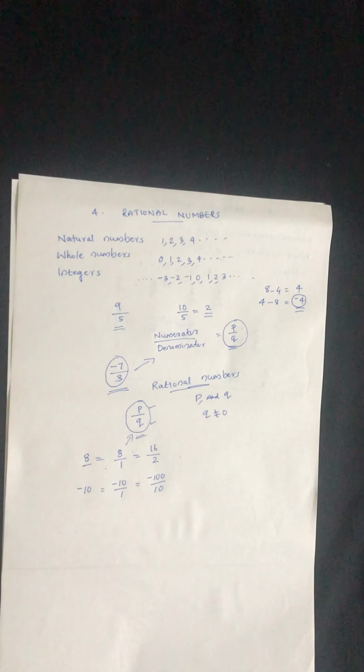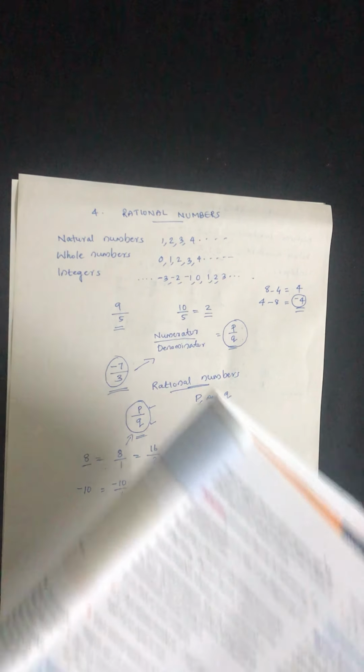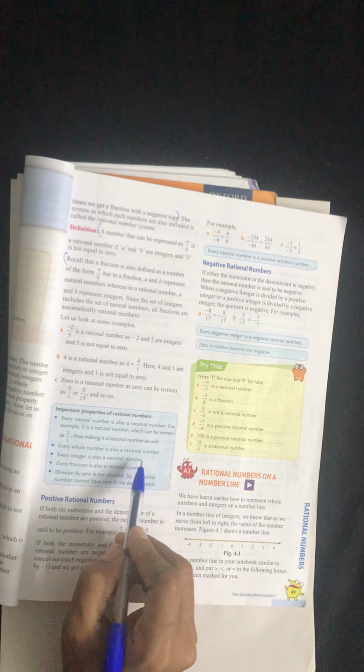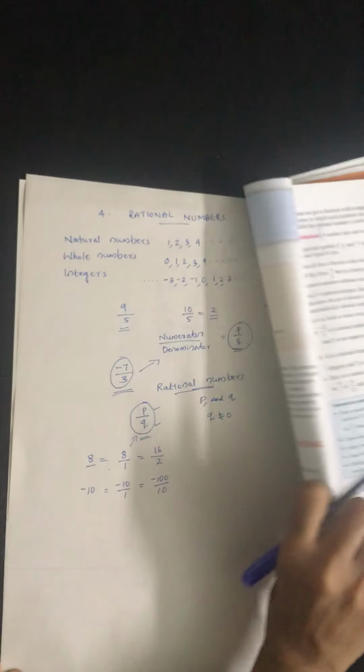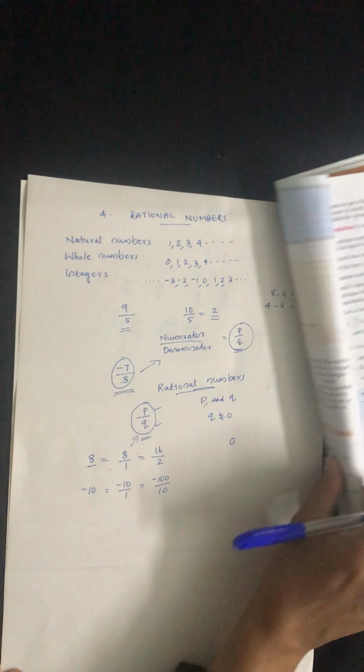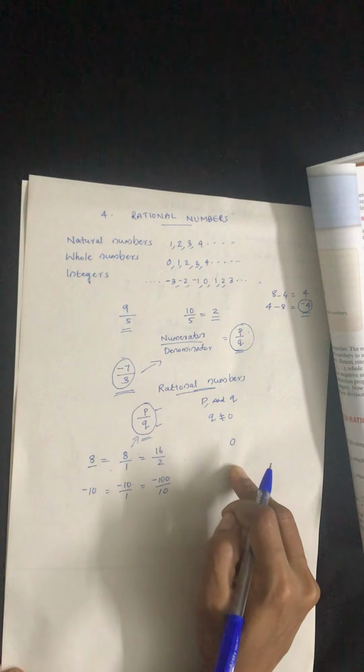When we take your textbook, we can find some important properties of rational numbers. The first property given is: every natural number is also a rational number. For example, 5 is a natural number, and 5 we can express as 5 by 1. Now every whole number is also a rational number. What about 0? Whole numbers include 0 also. Can you express 0 in the form of p by q?